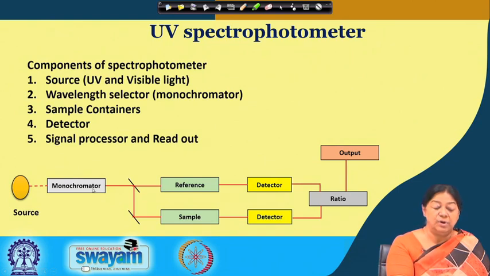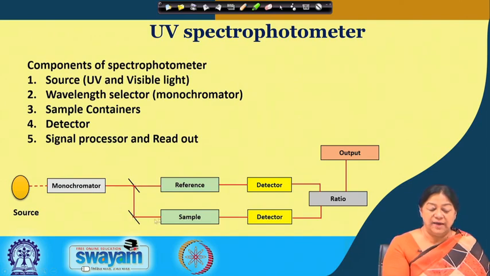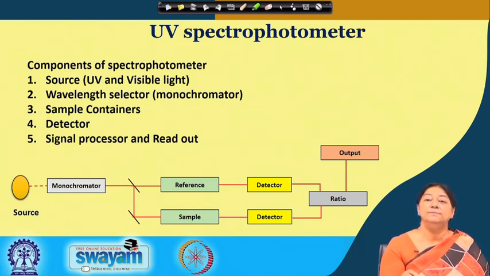Which wavelength is required to be selected will depend upon our sample, and for proteins we will have a specific wavelength that will tell us whether we have a protein solution or not. In this kind of a spectrophotometer, we have a sample and we have a reference. We have then a detector and we have an output. From this information we will be able to determine the absorbance of our sample.